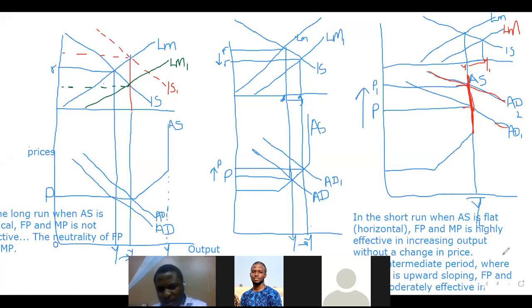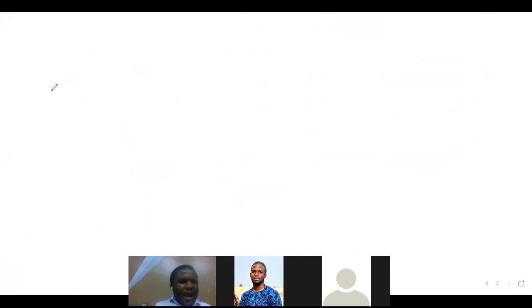Just a very simple explanation to actually show this. Initially, inflation was 10%. Remember, inflation is reported on a monthly basis. So I hope you know that every second week of the month, 14th, 15th, I think so, the inflation figure for the last month is declared. So it is reported on a monthly basis.